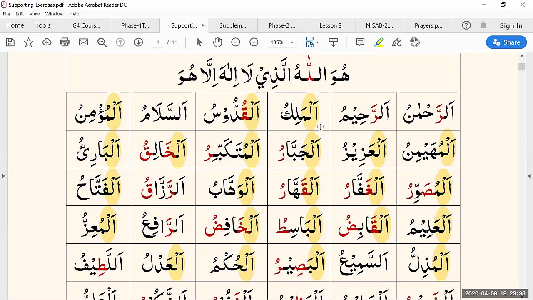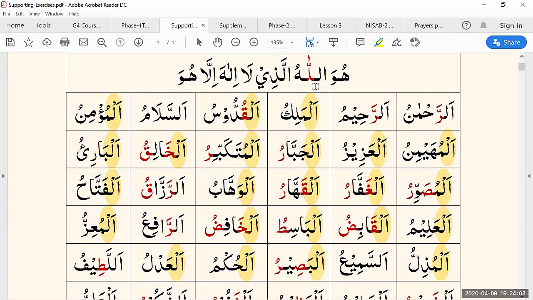For example, al-maliku, the sound of lam is clear and manifested. However, if we look at the first name, ar-rahmanu, even though there is a lam, the sound is completely merged and you cannot hear it.